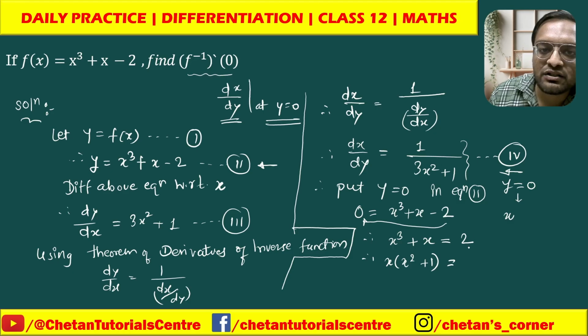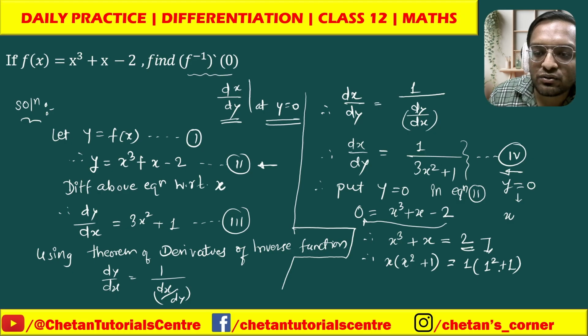Now I will split these two in this way. 1 inside the bracket 1 square plus 1. This 1 square will give me 1, and this 1 plus 1 will become 2. And when I multiply this 1 with this 2, it will give me this 2. I hope you have understood how I have split this term.